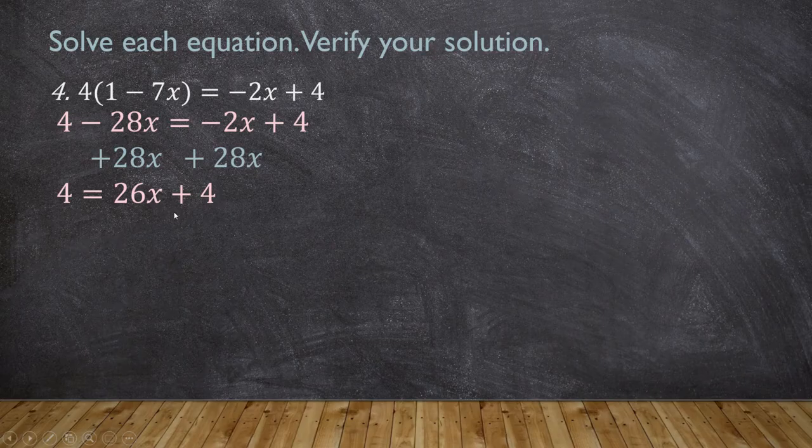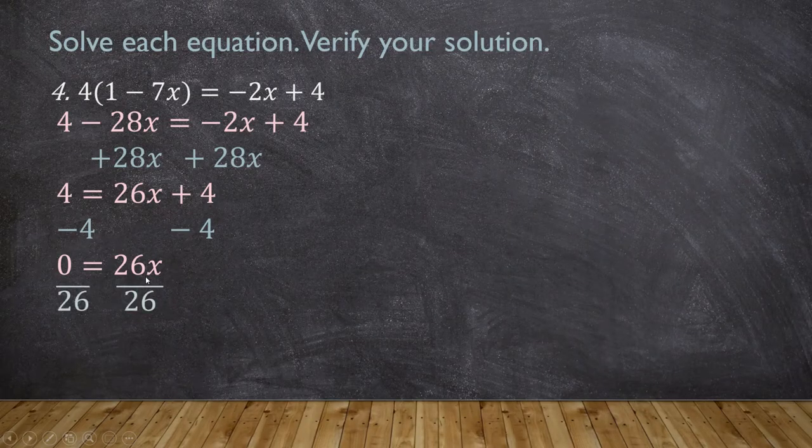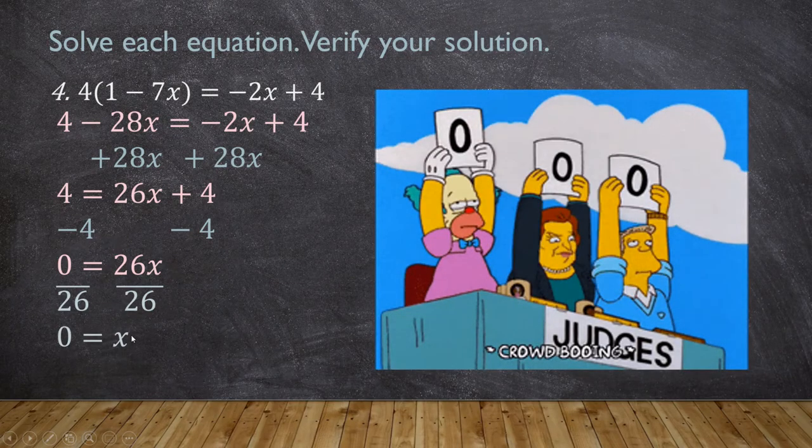To get x alone, I would subtract 4 from both sides. 4 minus 4 on the left gives us 0. 0 equals 26x. x is being multiplied by 26. The inverse operation of multiplying is dividing, so we're going to divide both sides by 26. 0 divided by 26 equals 0.